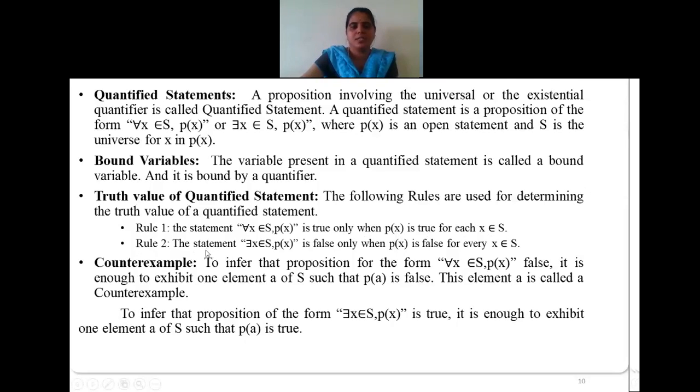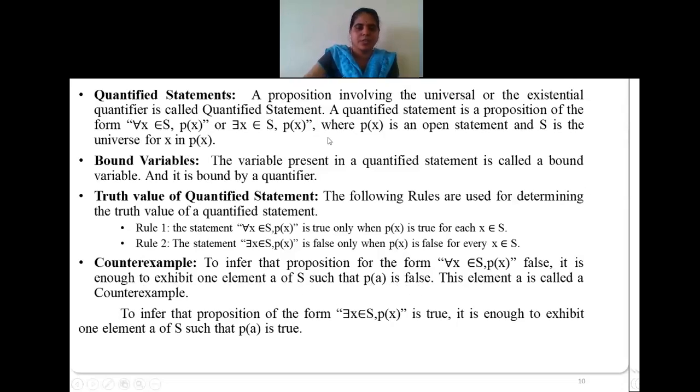The second rule: the statement there exists x belongs to S, P(x) is false only when P(x) is false for every x belongs to S. Counterexample: to infer that the proposition of the form for all x belongs to S, P(x) is false, it is enough to exhibit one element a of S such that P(a) is false.